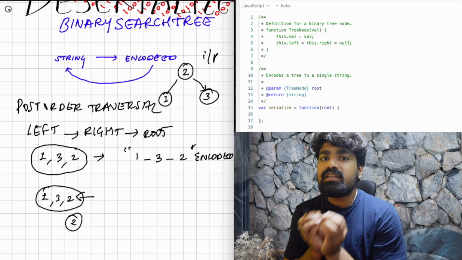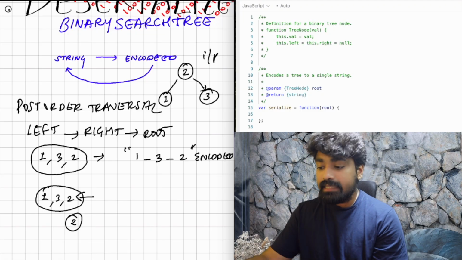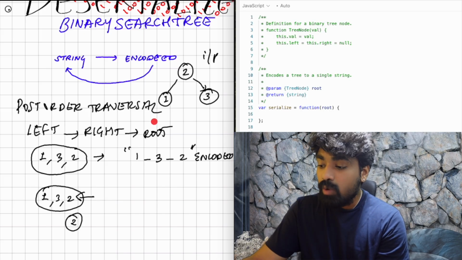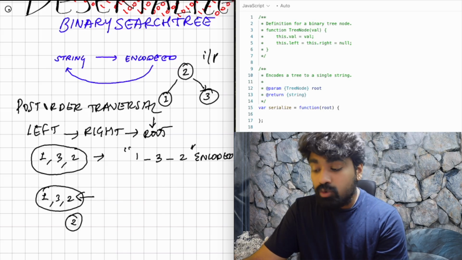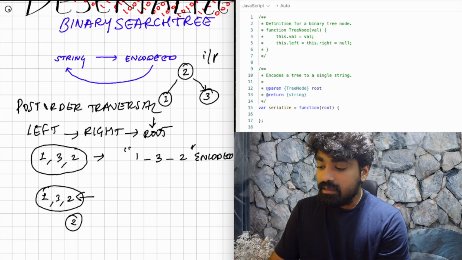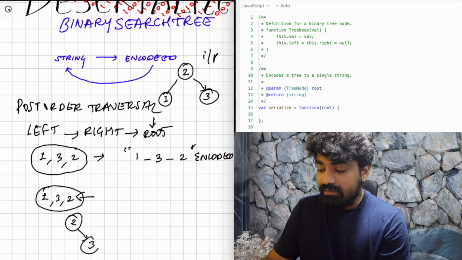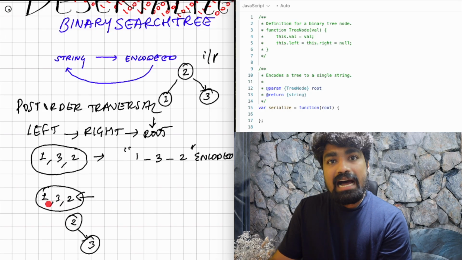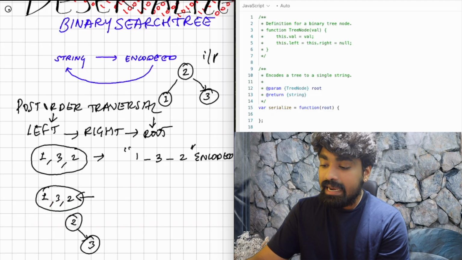Why the immediate next element? Because the sequence we went in was left, right, and root. So now you have root here. After the root, the immediate next element is going to be your right, and in that sequence I will say the right element is going to be the immediate next, and the one after that is going to be my left.